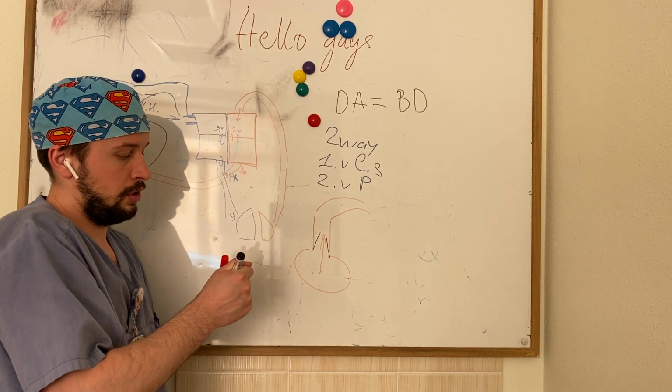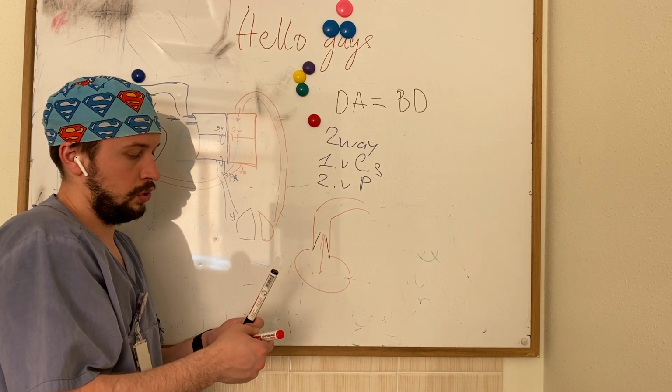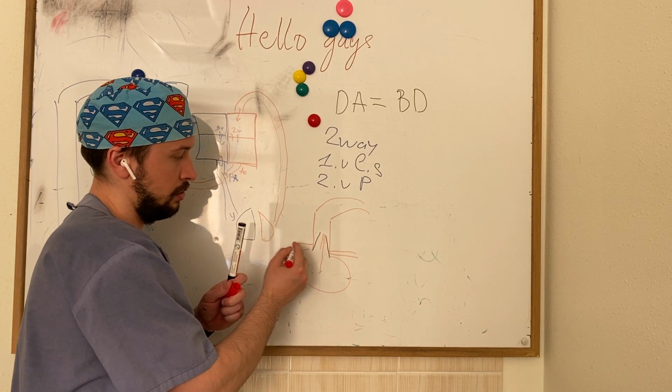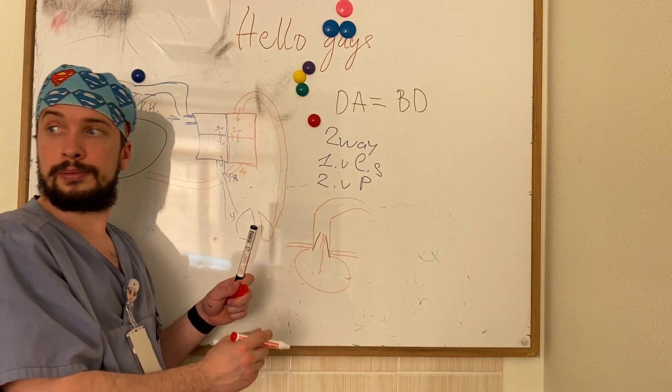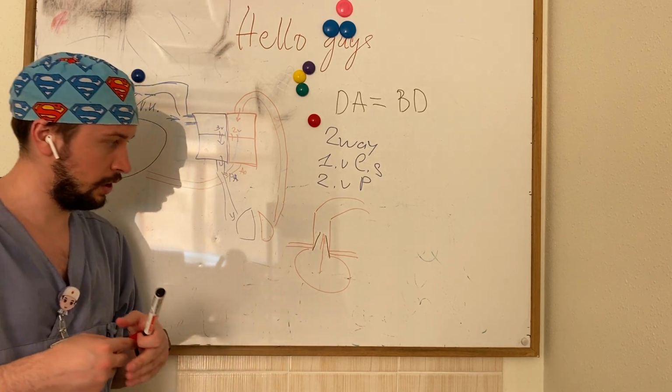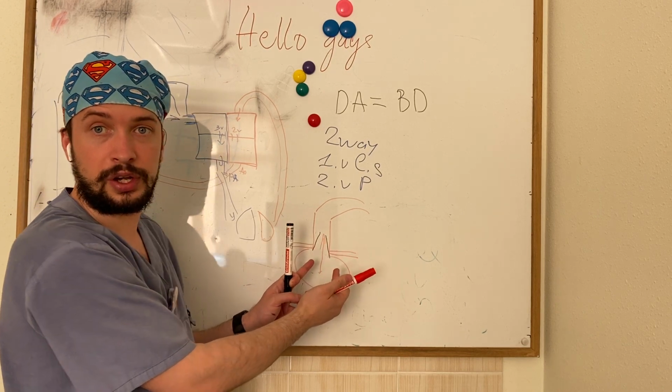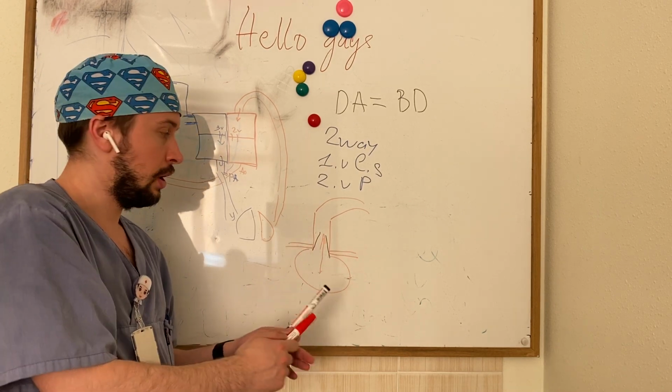And look, the coronary arteries are there. When we have systole, the valves close the coronary arteries.